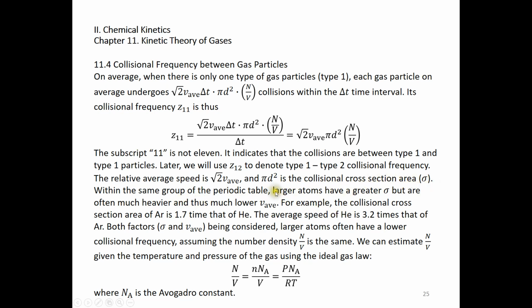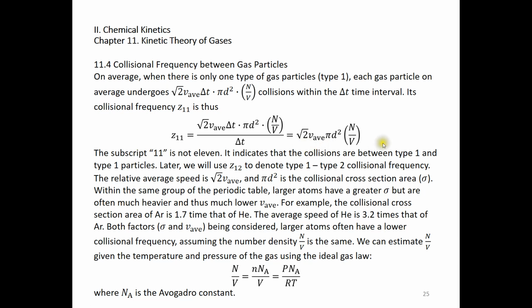And in general, larger atoms have a larger sigma. But if we really analyze the collisional frequency between argon and helium, yes, argon is larger. The collisional cross-section area of argon is 1.7 times that of helium. So over here, this pi d squared for argon is larger.